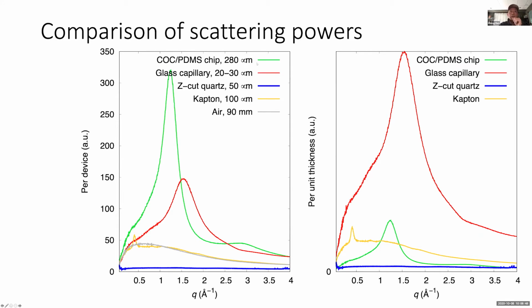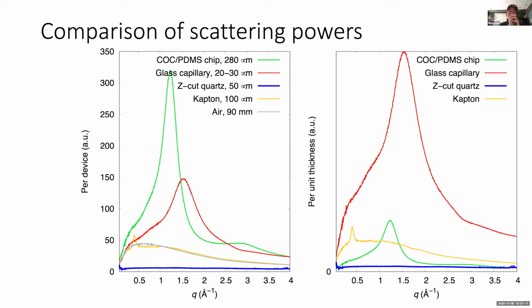I apologize that my software is missing a plugin, and it messed up my micron symbol. These should all be micron. So there are 2 panels. One is per device, the other is per unit thickness. Different materials behave very differently.